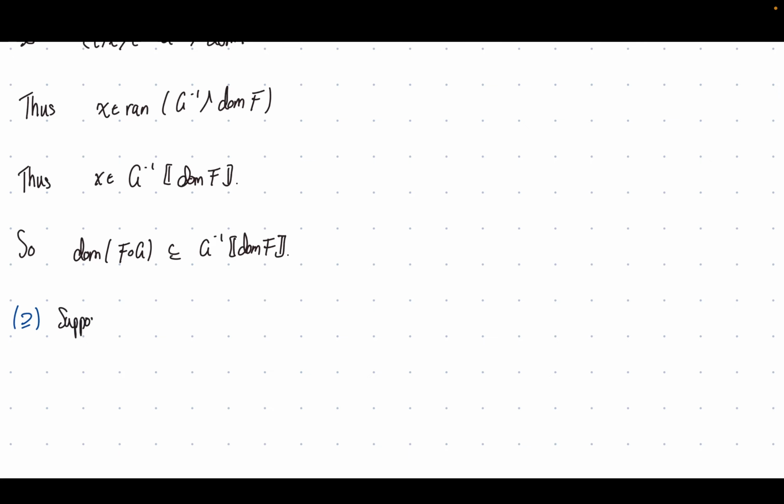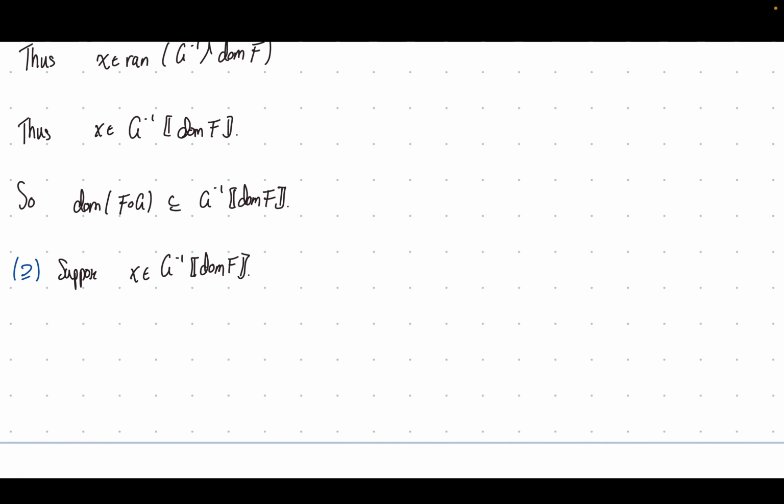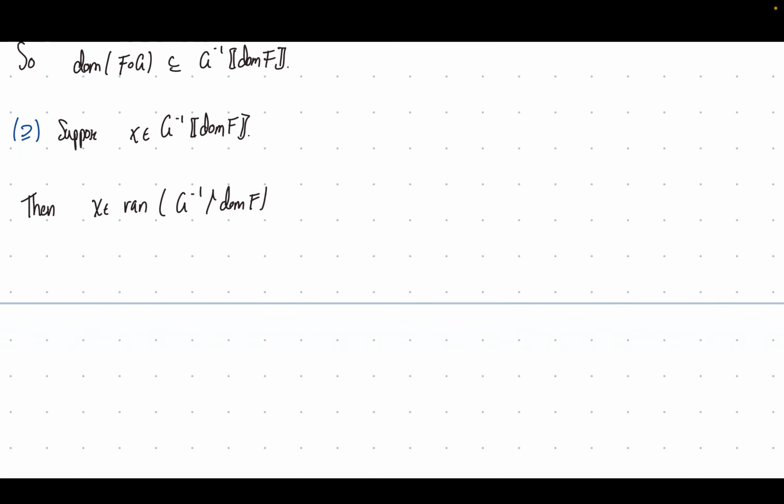Let's suppose X is in G inverse image dom F, right? Then X is in the range of G inverse restricted to dom F. It's basically the same proof but backwards.